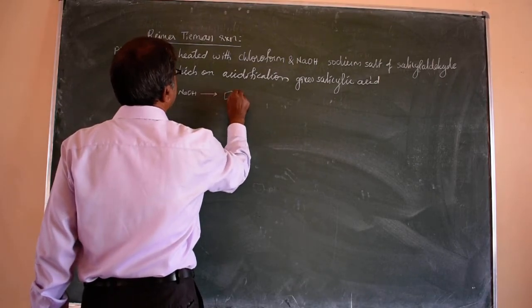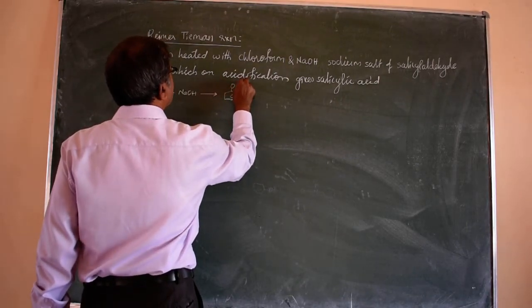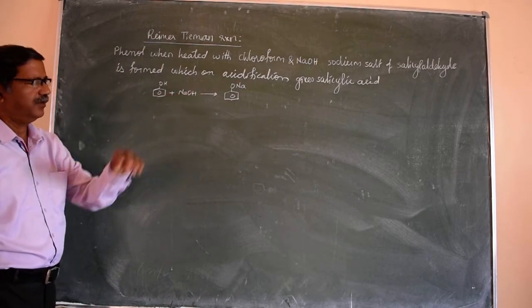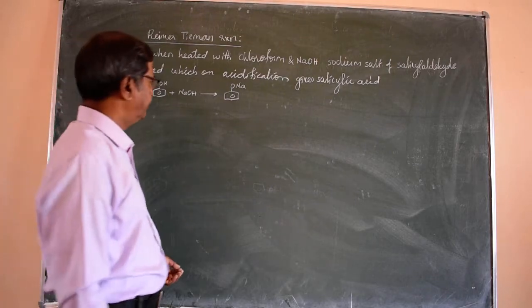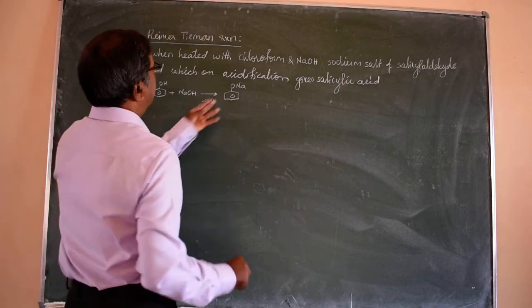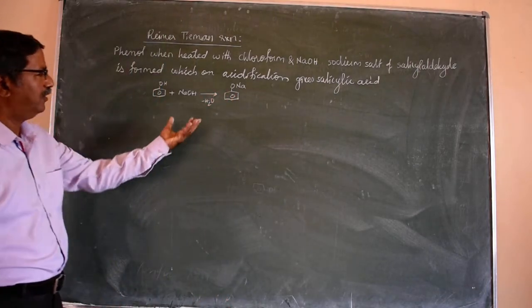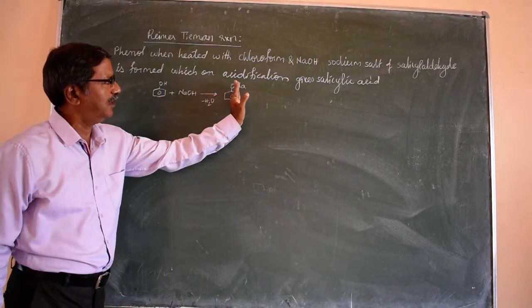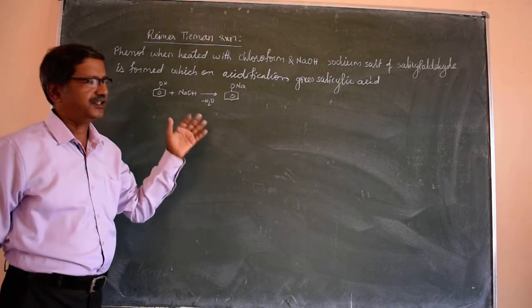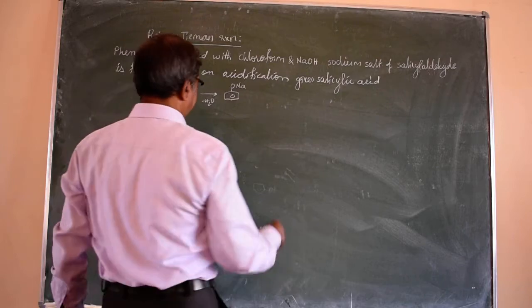So here the salt, sodium phenoxide, is formed because the reaction of an acid with a base gives a salt. Minus H2: elimination of H2 takes place. Instead of writing plus H2, I am writing minus H2 below the arrow, meaning the product H2 is taken on the left side instead of the right side.